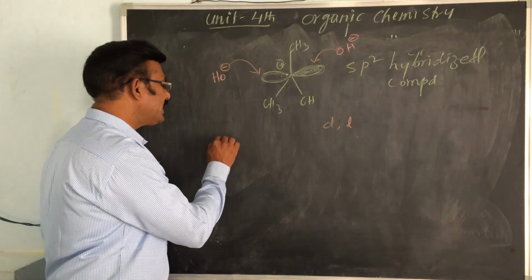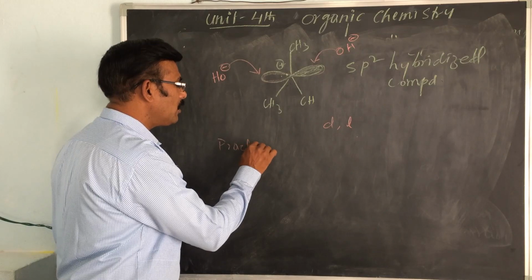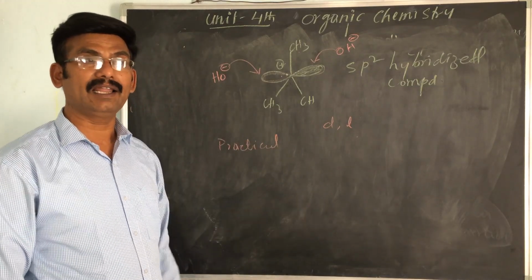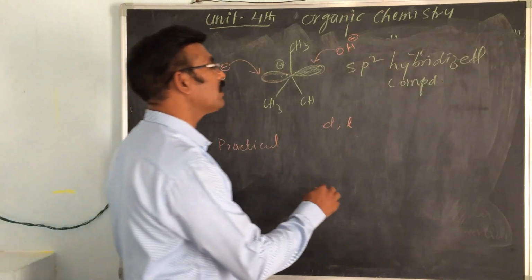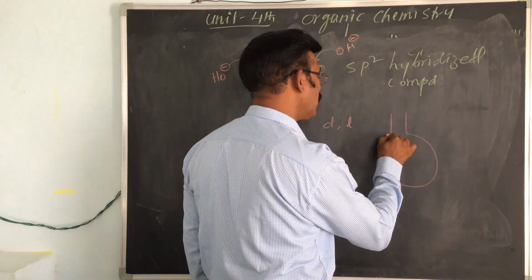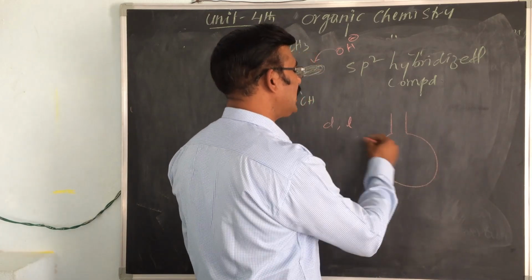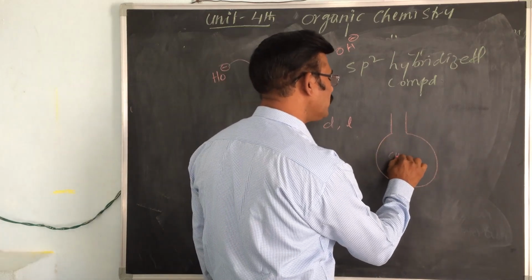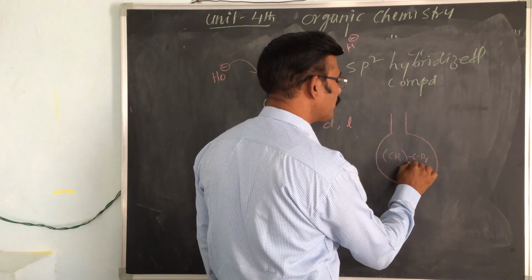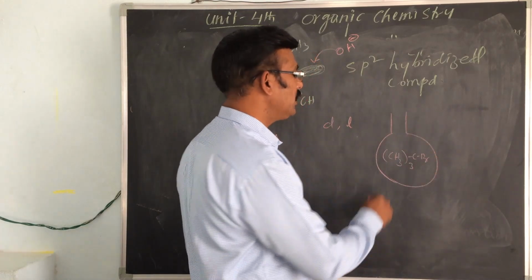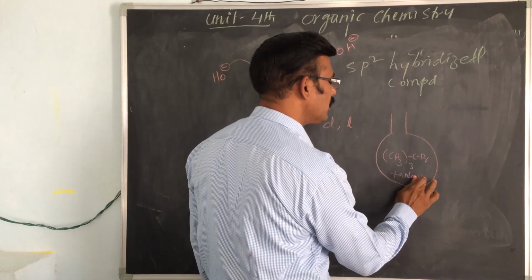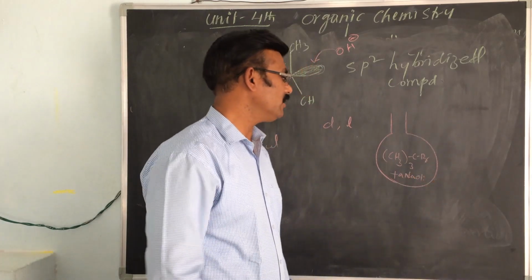But in the practical way, what happens? For example, this is the flask. We have taken the tertiary butyl bromide and aqueous NaOH. What happened?